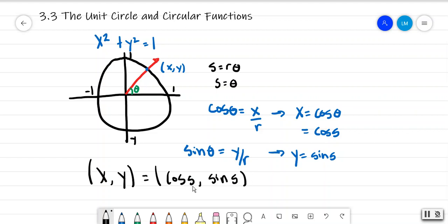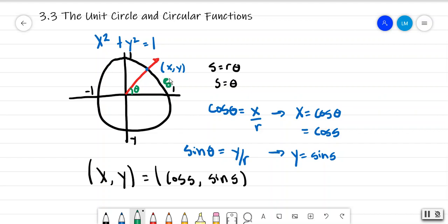Now you can replace this with thetas if you want to, which mostly, if you look at a formula sheet, most of the time it'll say cosine of theta versus cosine of s. Now keep in mind that s is the length of the arc, so it's kind of hard to see with this oblong circle that I drew, but we just have to use our imagination that it's a perfectly round circle and that this is the measure of s, which I can put right over here.